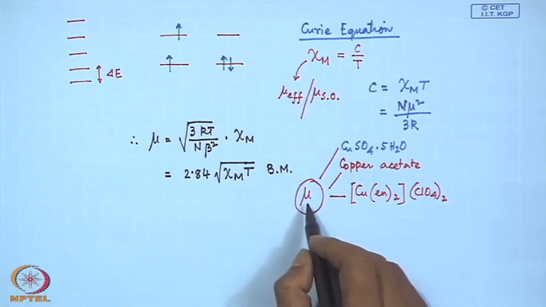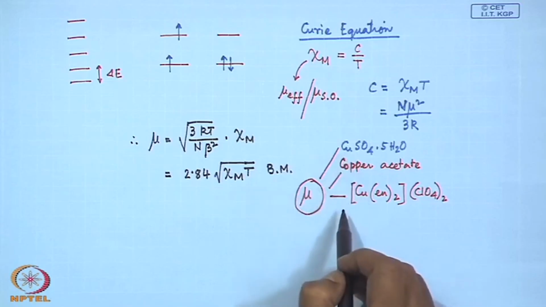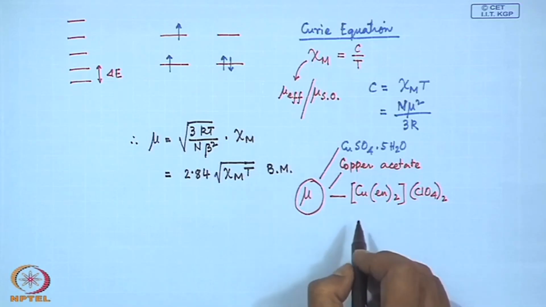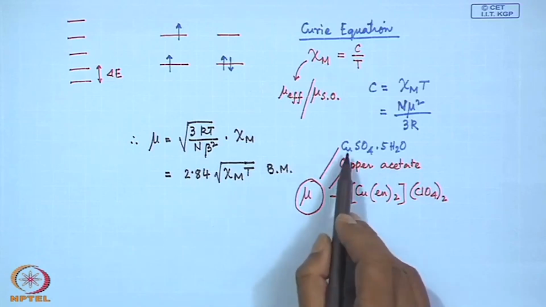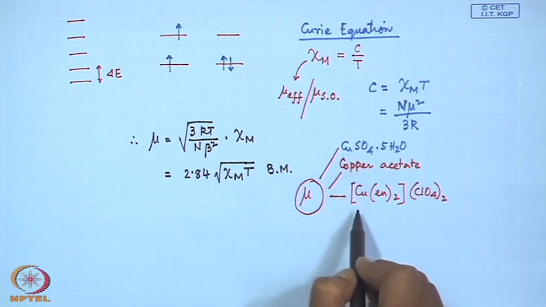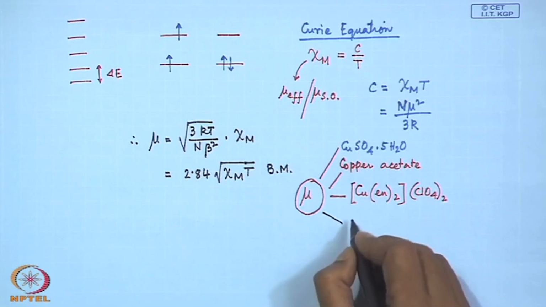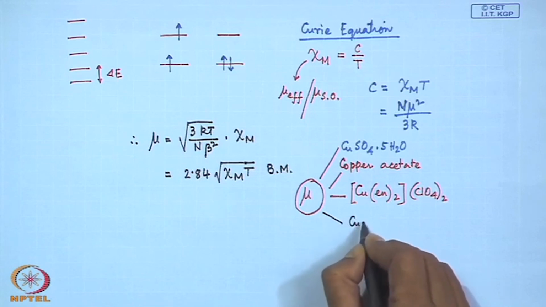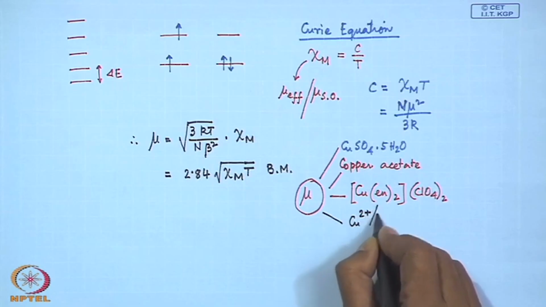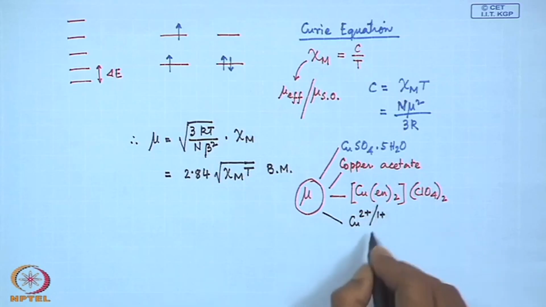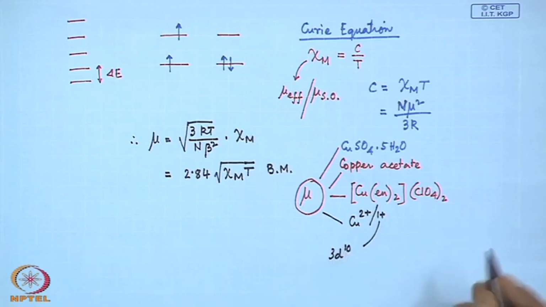So for these things, we can calculate the corresponding mu value for all these compounds, and that basically tells us the corresponding magnetic properties of these salts, the copper-based salts or the corresponding copper compounds. We can even determine these mu values for the copper ion, 2 plus or 1 plus, because 1 plus would be diamagnetic, which has a 3d10 electronic configuration.